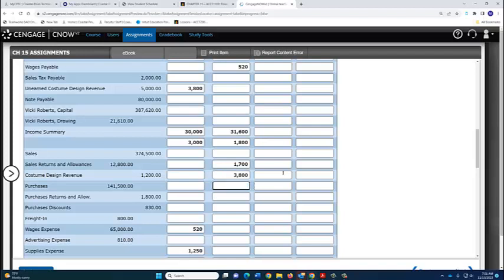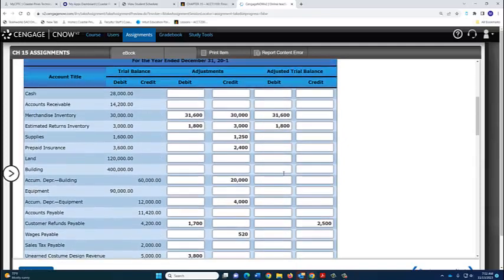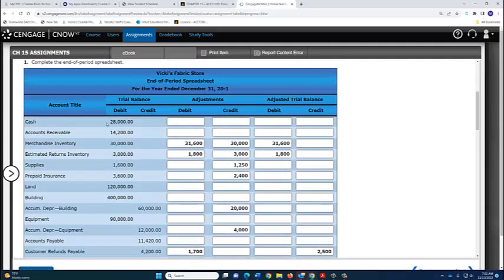Now that we have all of our adjustments in, we can come in and move our balances over. So cash did not get adjusted, nor did accounts receivable. We've already brought over our two inventory figures. Supplies is a $1,600 debit and a $1,250 credit.